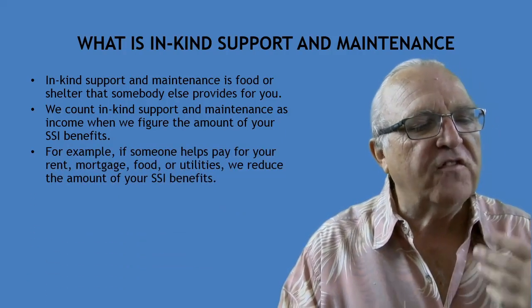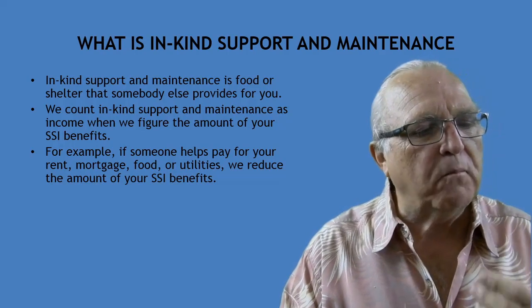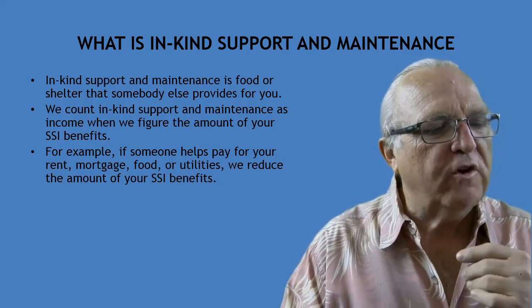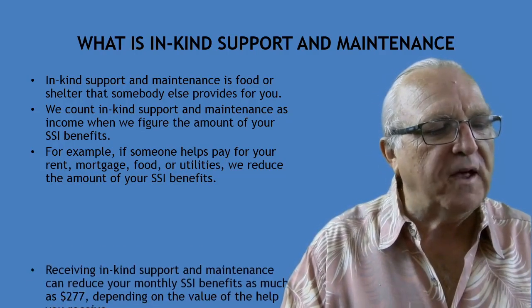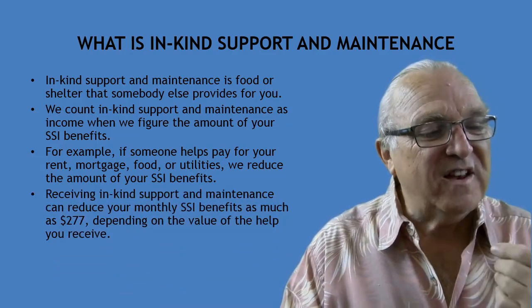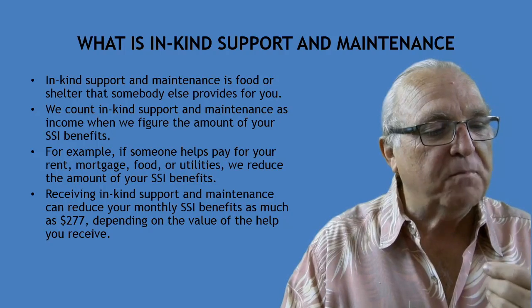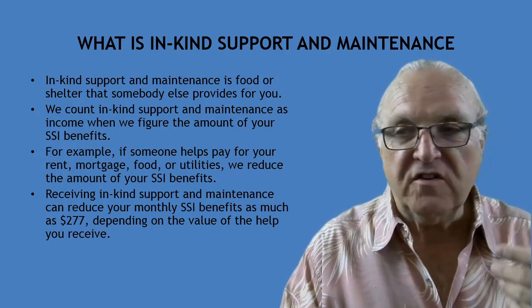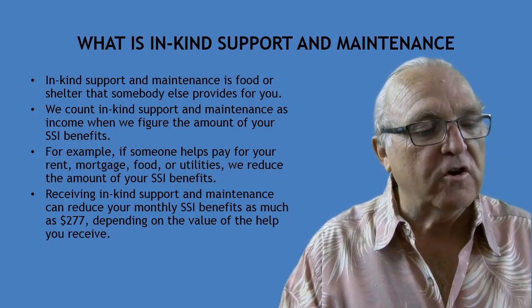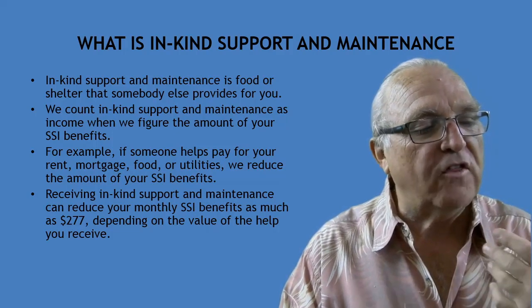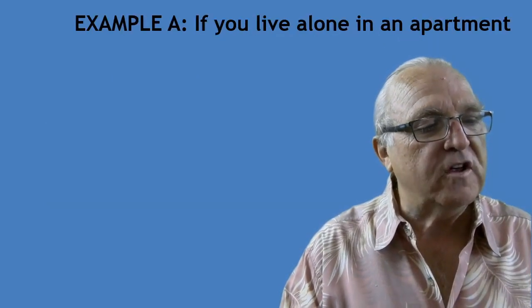For example, if someone helps you pay your rent, mortgage, food, utilities, we reduce the amount of your SSI payments. Receiving in-kind support and maintenance can reduce your monthly SSI benefits as much as, once again, $277 here in 2019, depending on the value of the help you receive.